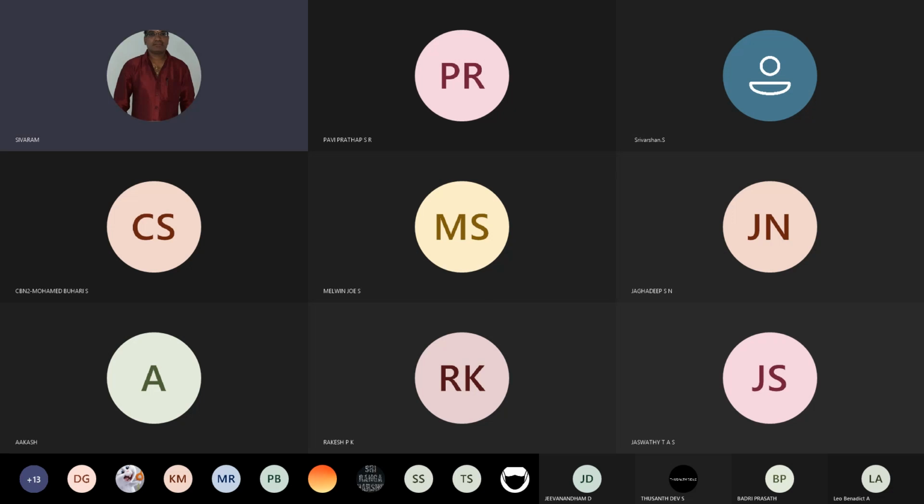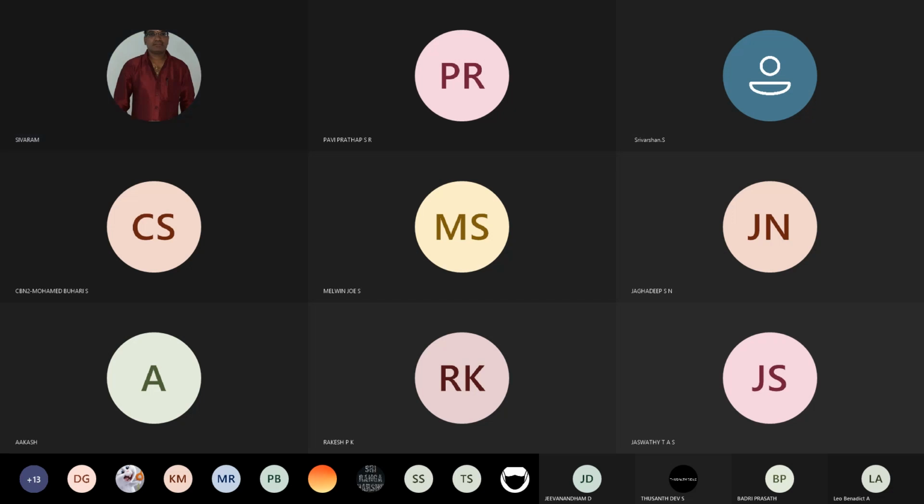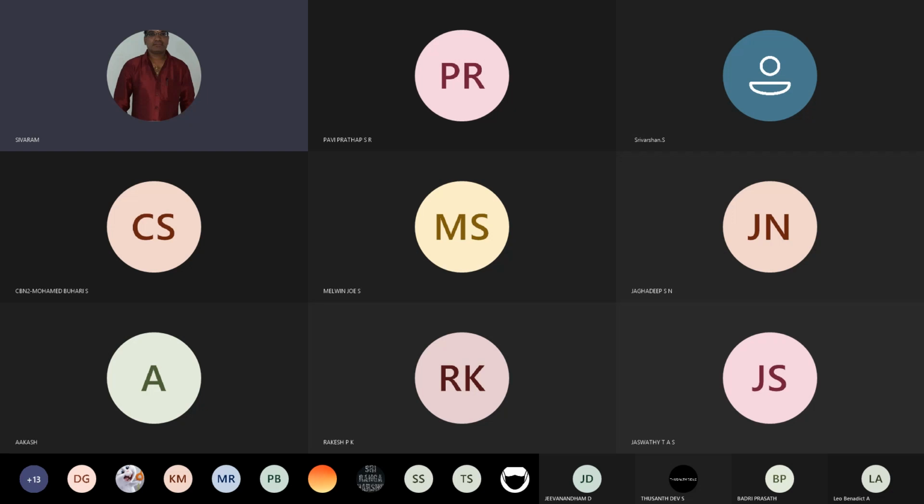And syngamy and triple fusion together we call double fertilization, which is the unique feature of angiosperms. That means the process is observed only in angiosperms.